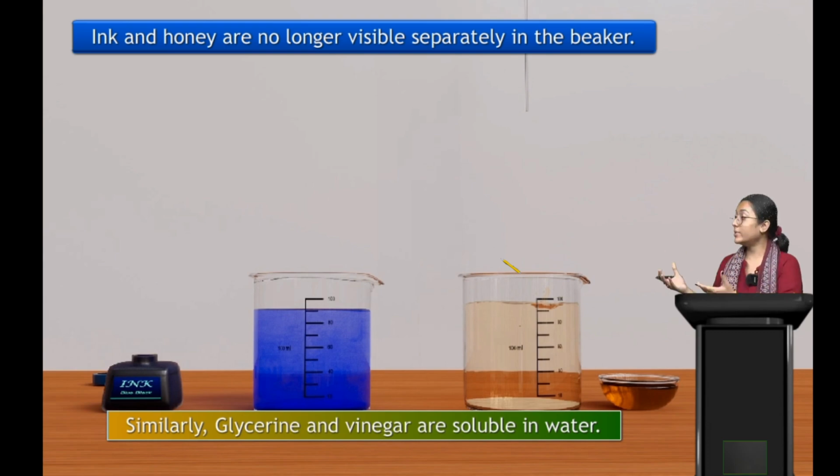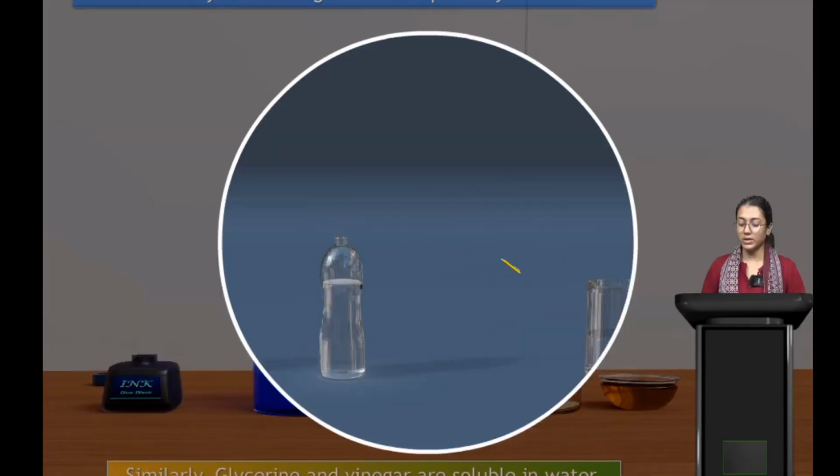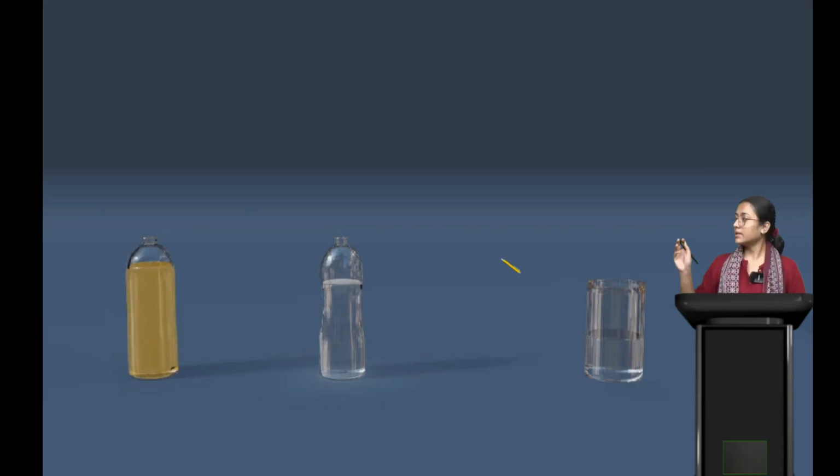Next line: similarly, glycerin and vinegar are also soluble in water, right? All of these are getting dissolved in the water, so we can say that they are soluble in water.